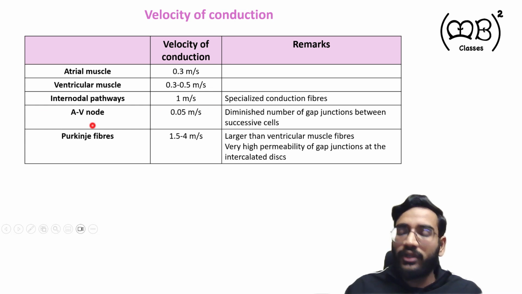We will see the importance of the AV node conduction velocity. Why is it very slow? Because of the diminished number of gap junctions between successive cells, the AV nodal cells will transmit impulses at a very slow speed of 0.05 meter per second.